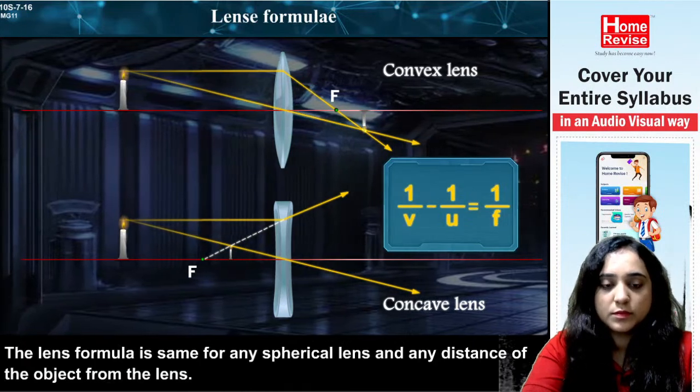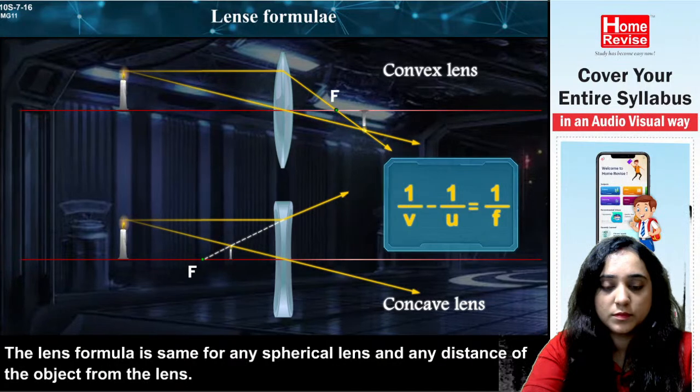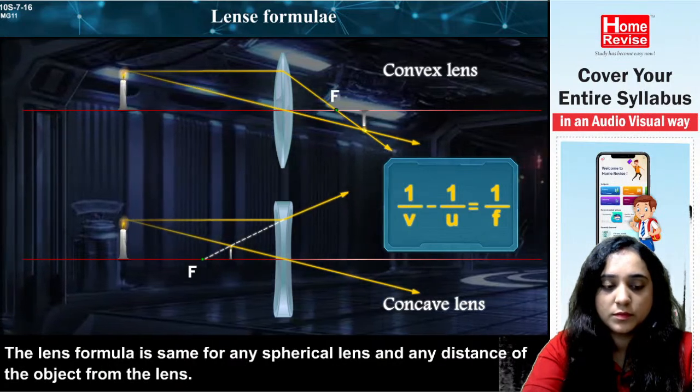The lens formula is the same for any spherical lens and any distance of the object from the lens.